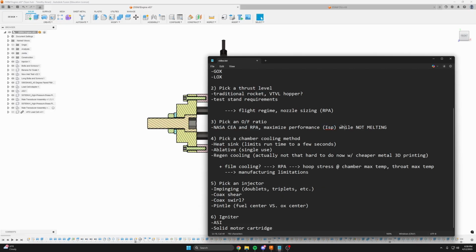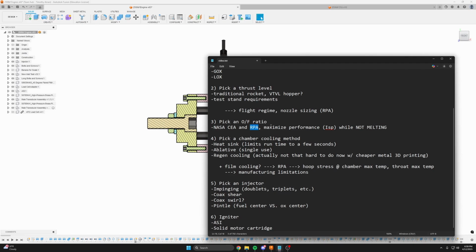And then you may want to go even more fuel rich than that in order to bring the adiabatic flame temperature down, basically your chamber temp down for cooling. And RPA can do all of that. It has a whole engine cooling section, including regen cooling, film cooling. I think maybe it can do ablative cooling.